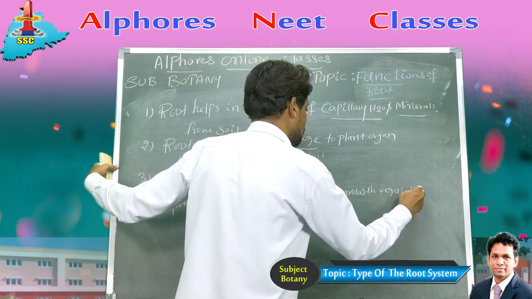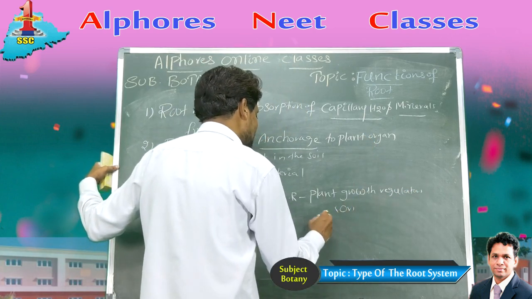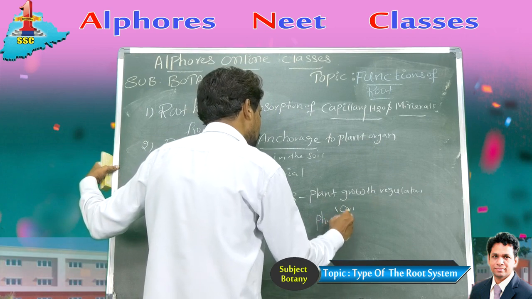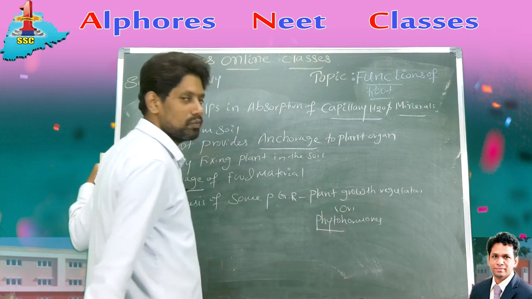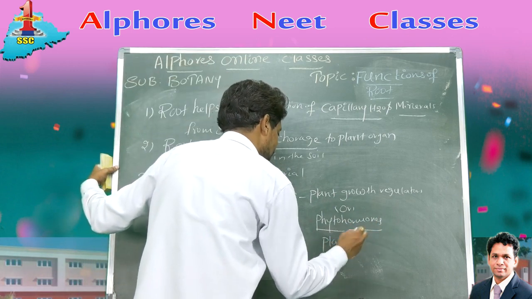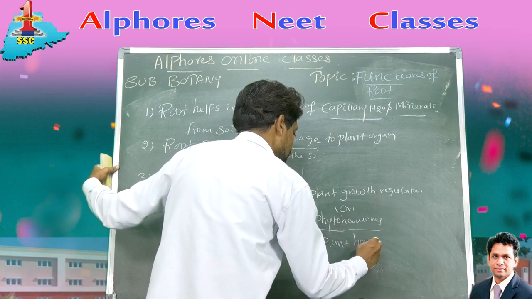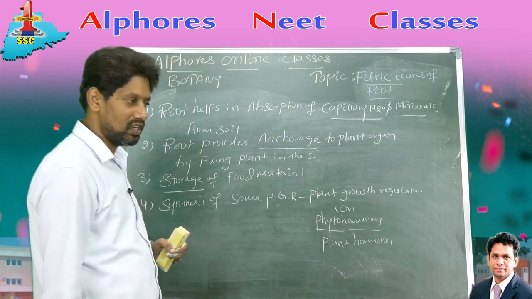Sir, plant growth regulators are also called what, sir? Phytohormones. Sir, what is the meaning of phyto? Phyto means plants. Therefore, phytohormones can even be called what, sir? Plant hormones.